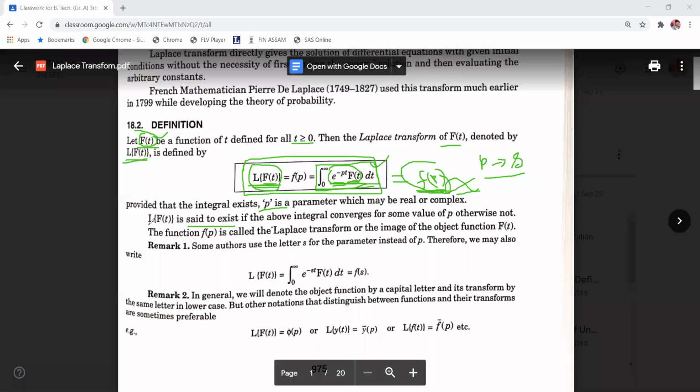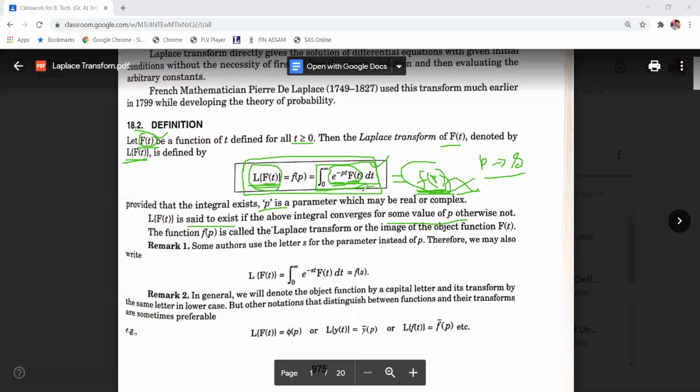So the Laplace transform of f of t is said to exist if the above integral converges for some value of p, otherwise not. That means if you are getting some particular function, then only the Laplace transform of f of t exists, otherwise not.